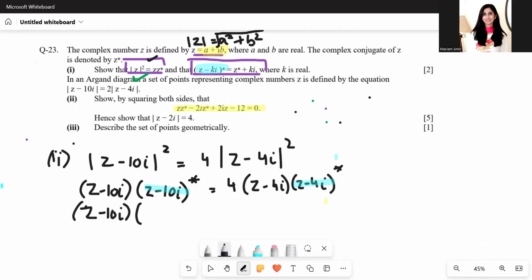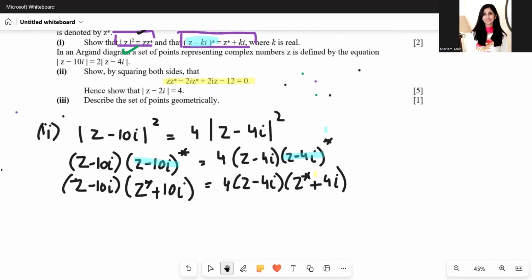So we're going to write bracket z conjugate plus 10i. Same on the other side, this will become z conjugate plus 4i.